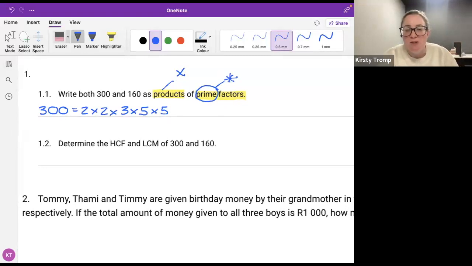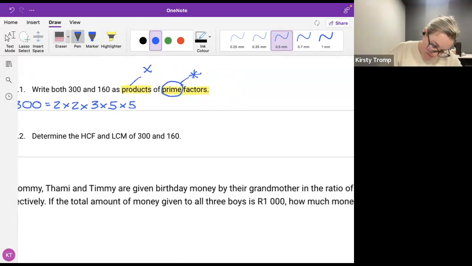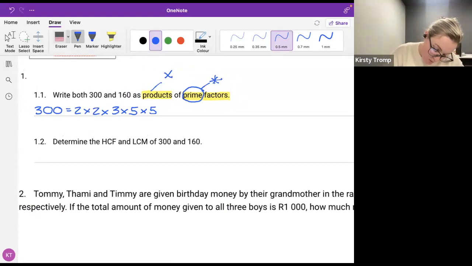I'm going to let somebody else do the other one for me. All right. Let's go, Shedley. As for 1.1, how did you get 160? Okay, for 160, first I had to find all the prime factors. And I had to check if each one of them went into 160.